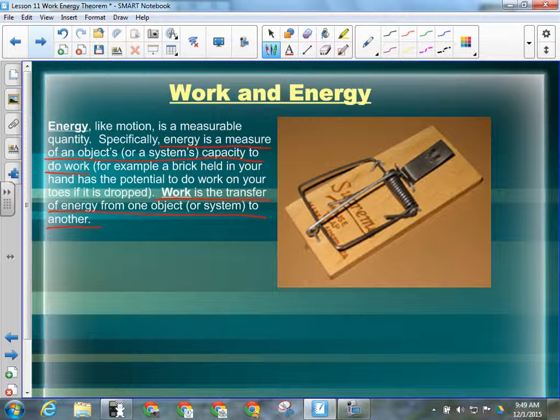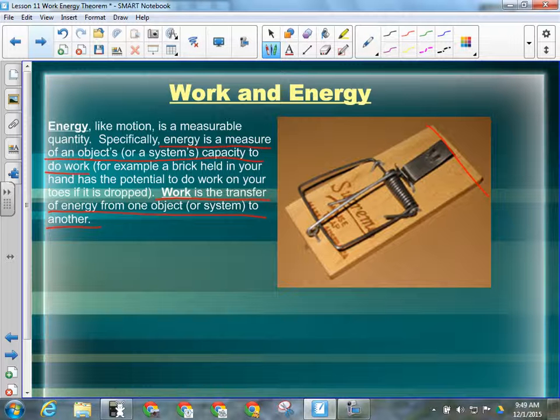When it's in the executed position, does it have any energy at that point? No, because now it can't snap, right? Once it's already snapped and the killing bar is down, that's actually what it's called, it can't do anything else now, can it?